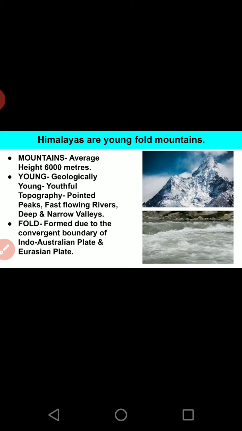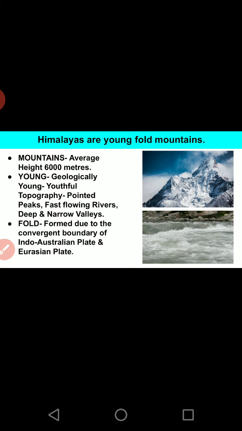On top of it, these are fold mountains, as we have studied. One of the effects of a convergent plate boundary is that the complete sediment which was present in the Tethys Sea got folded and the complete rise of the big Himalayas has been formed.